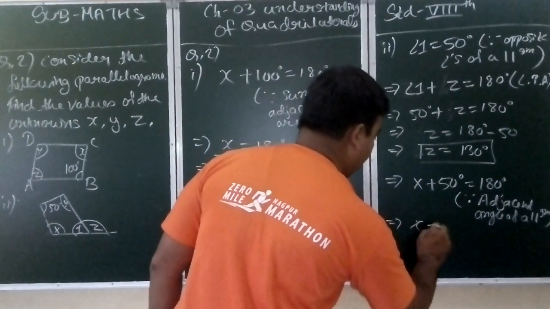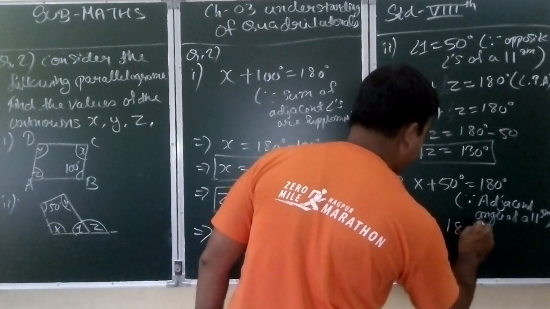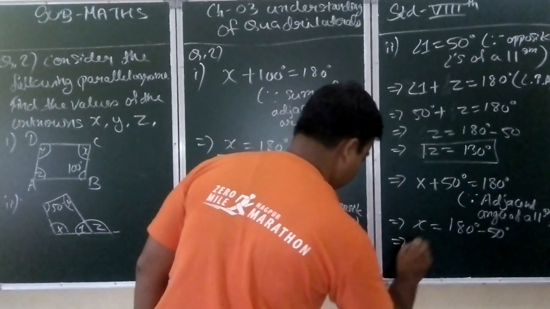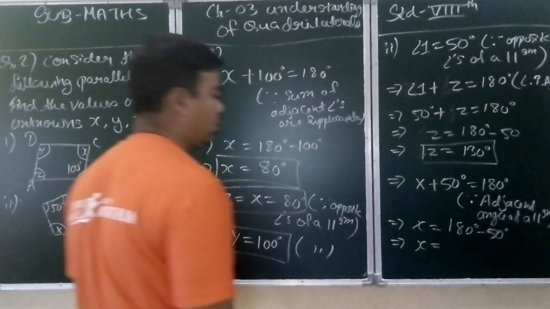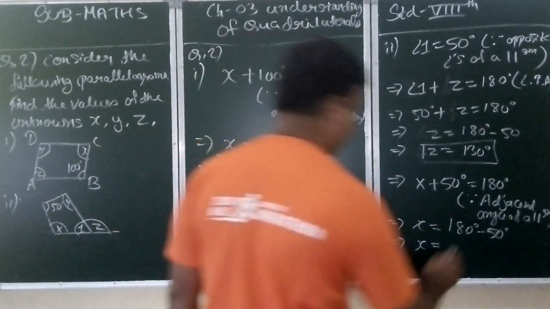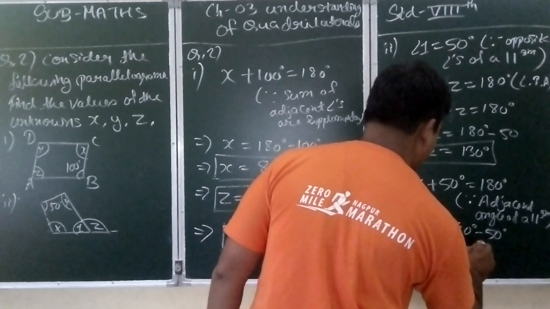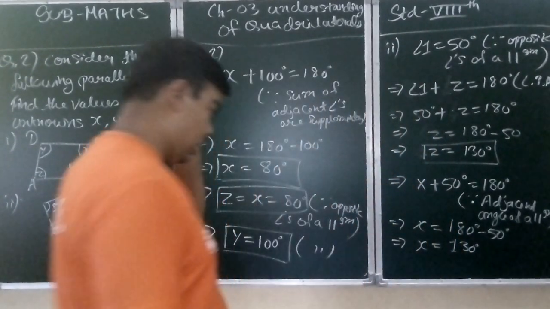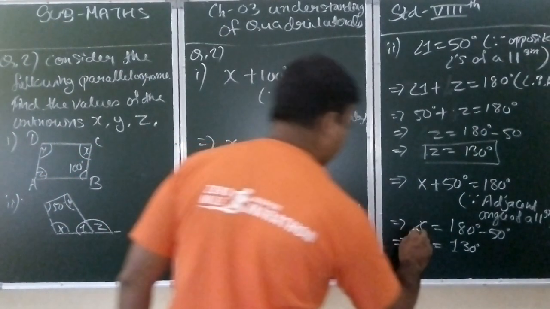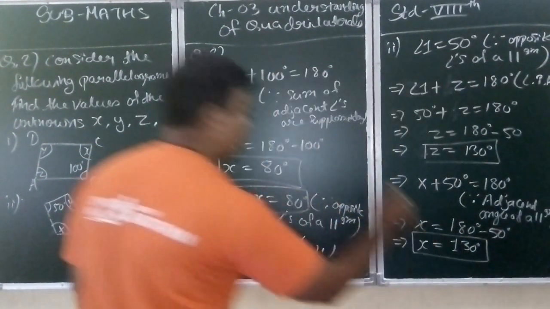So x value is 180 degree minus 50 degree, x is equal to 130 degree.